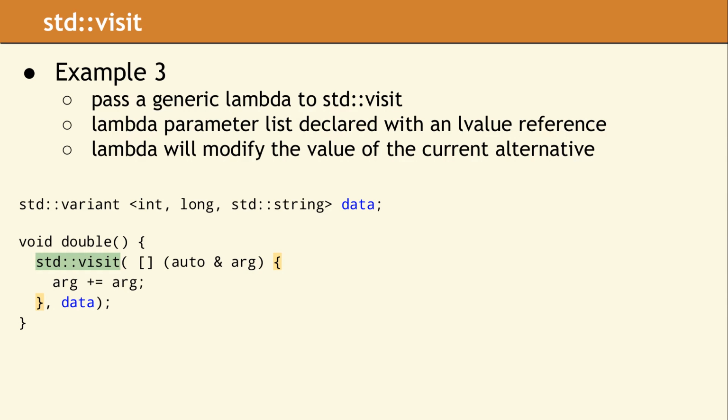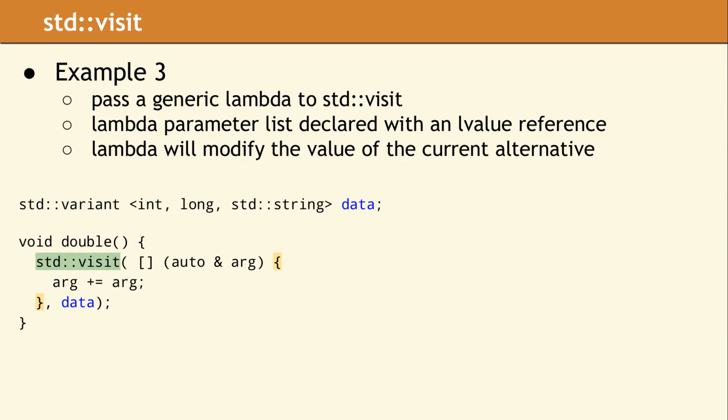The visitor is simply observing the data type or value of the current alternative, and then you do something. In this example, we have a generic lambda expression, which receives its parameter by L-value reference. This means the lambda can modify the value it has passed, and therefore change the value of the current alternative in the variant. Oddly, this is perfectly legal code.